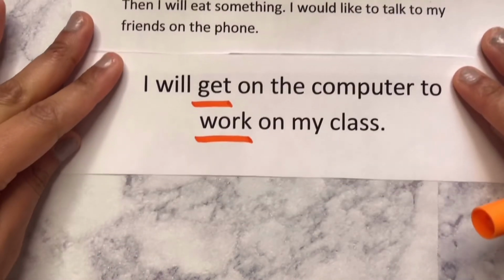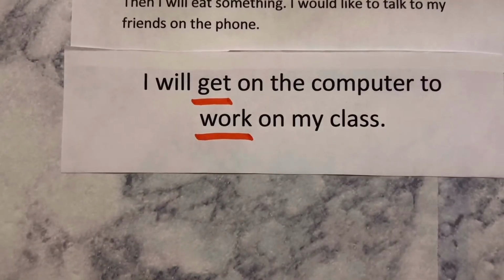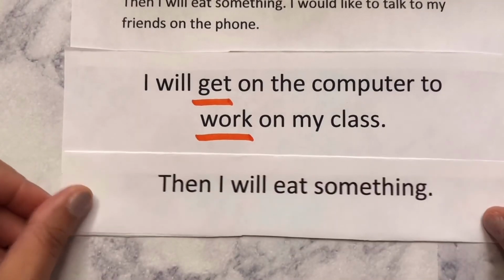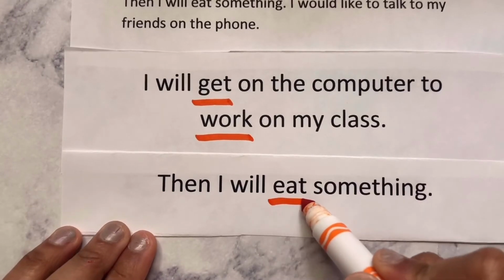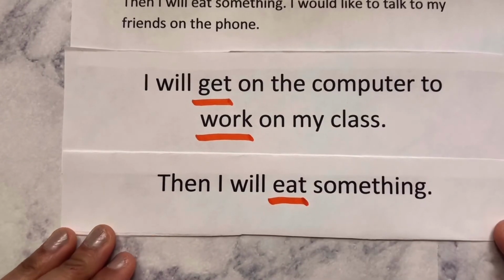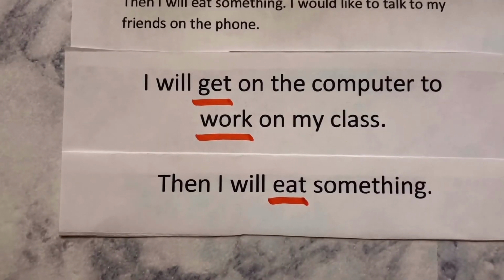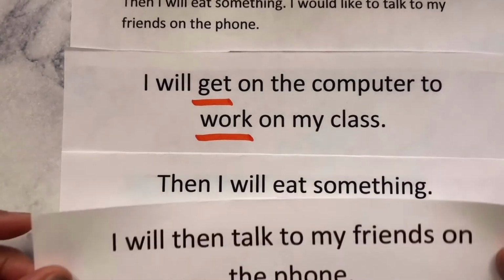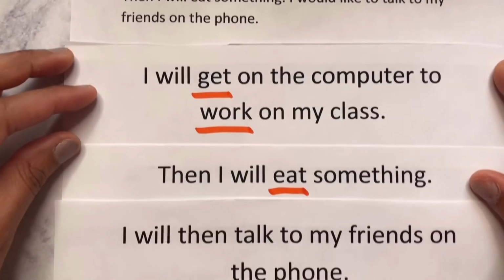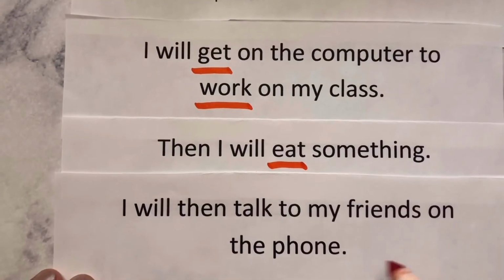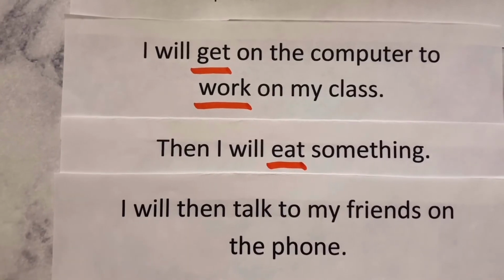The next line says, then I will eat something. We can say eat is the tier 1 word that we can change to a tier 2. And the last line says, I will then talk to my friends on the phone.